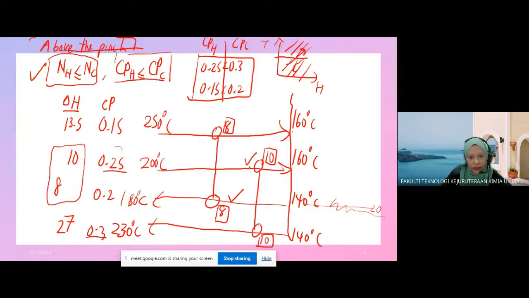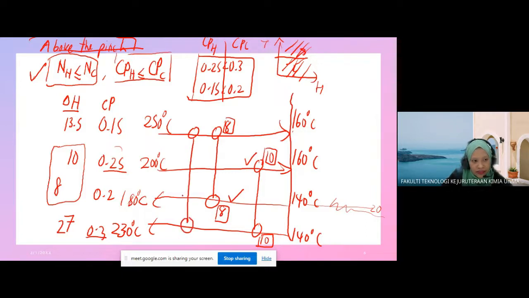Now you need to add an additional heat exchanger to fulfill the delta H requirement for this stream and this stream. This one requires 13.5. So 13.5 minus 8, you get 5.5. You need to pair with a cold stream here.